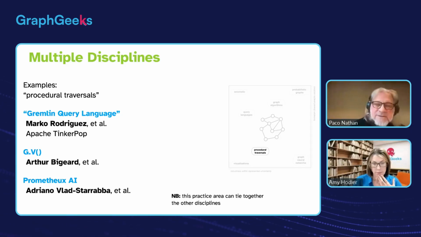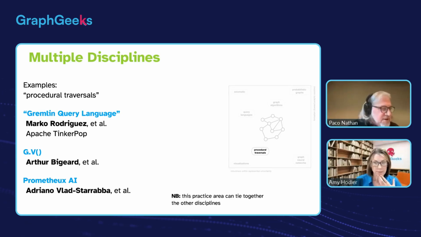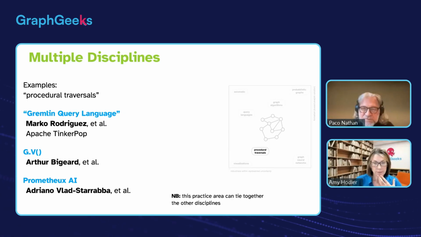There's a lot of really amazing people that came out of the Tinkerpop project over the years. I used to teach graph courses with one of the former leaders of this team. Anyway, a lot of good stuff in terms of procedural traversals. It does fit into some of the more interesting areas of axiomatic work with graphs.